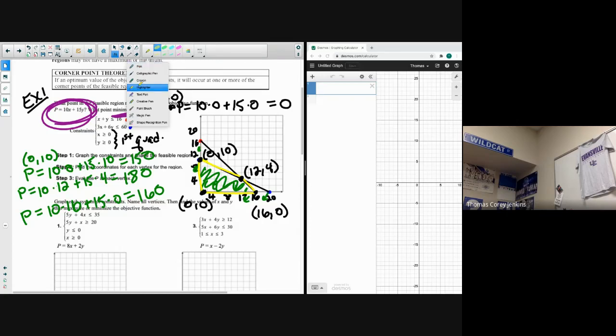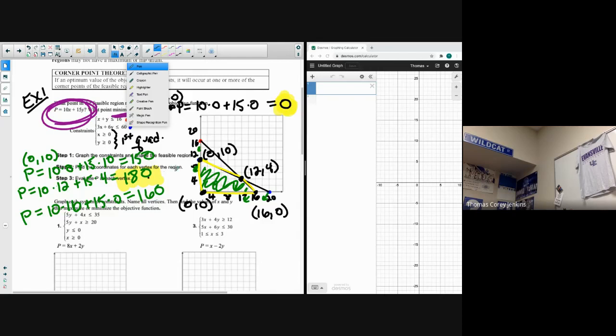If we can get that highlighter to pull up here. 0 is my minimum and 180 is my maximum. You would want to make sure you say which is which. The 180 is the max.